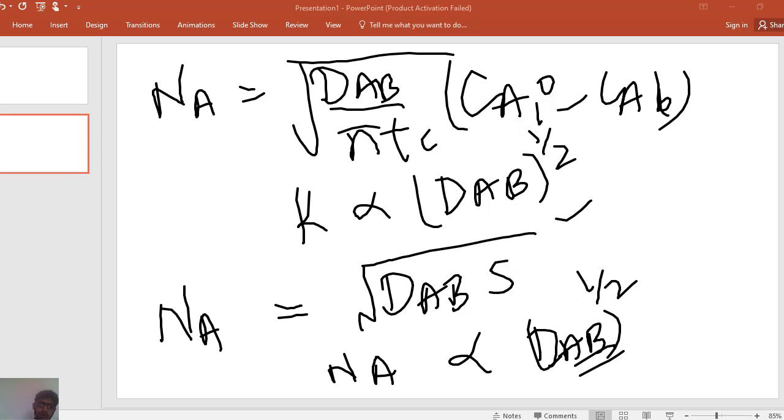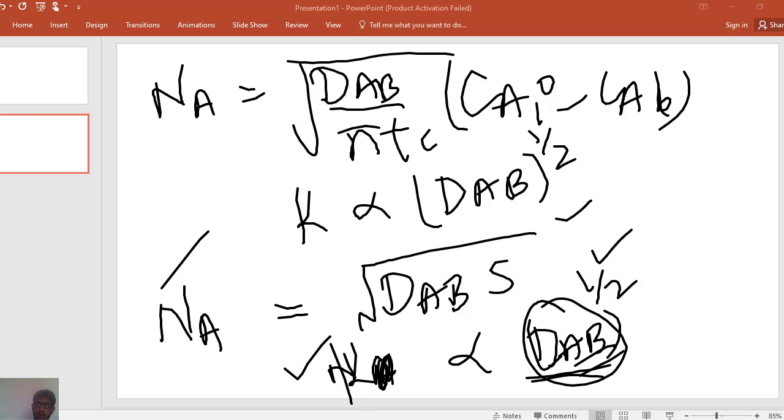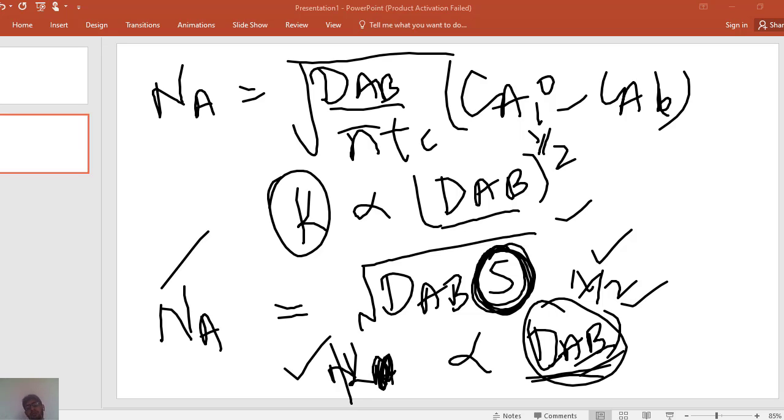So in this case the mass transfer coefficient is also directly proportional to the diffusivity of component A in B to the power 1 over 2. So in both cases the mass transfer coefficient is directly proportional to the diffusivity to the power 1 over 2. S is the fractional surface area renewed per unit time.